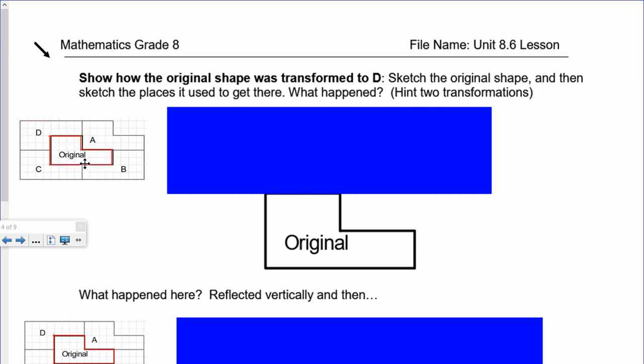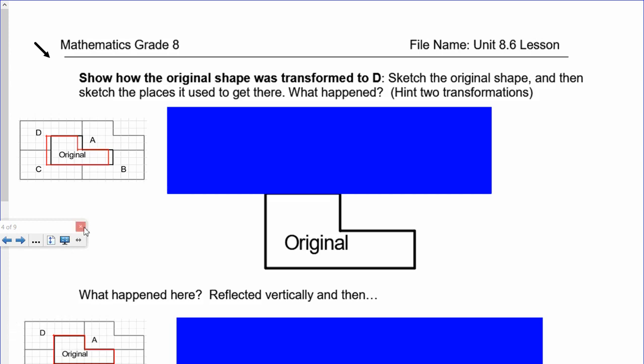I've got to find some way to get this orientation, and then if you look at it, it goes over and down, so this is going to have to go over and down. So I need to do a reflection, and it's got to be a vertical reflection. All right? So I want you to see what you can do. And also pause the recording and tell me the two transformations you used to get from the original location to shape D.